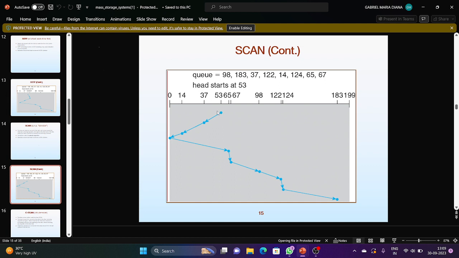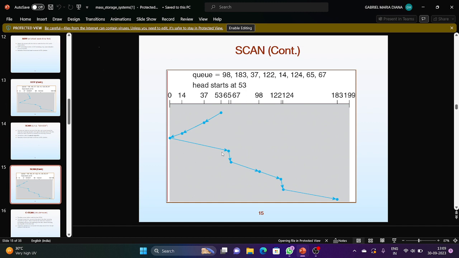From 53, 37 and 14 come in between, so it serves 53 to 37 and 37 to 14. Then from 0 it reverses again and serves the rest of the processes.